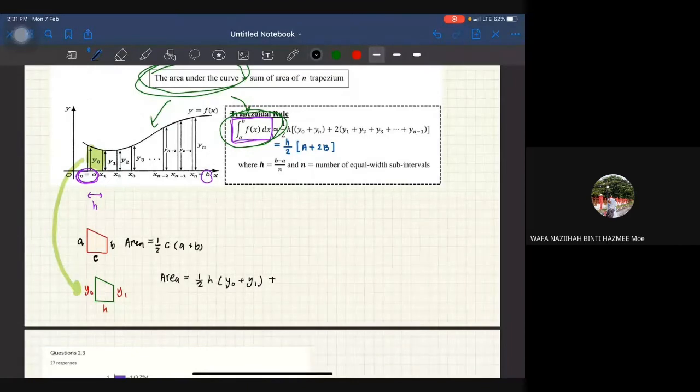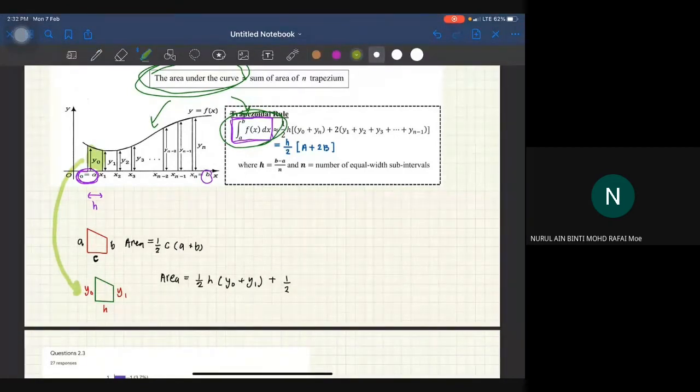Nak Lidiani? 1/2, okay, 1/2 H times Y1 plus Y2. Okay, good, betul? Alright, so sekarang ni itu adalah yang warna purple ni.